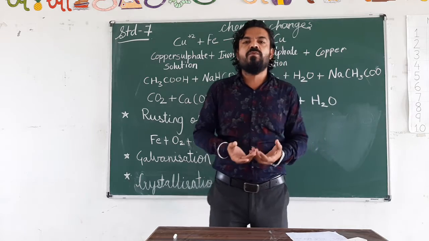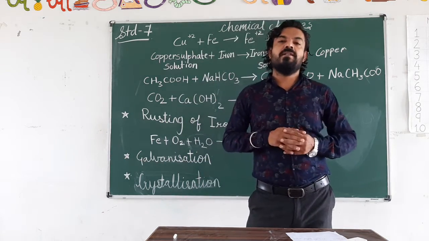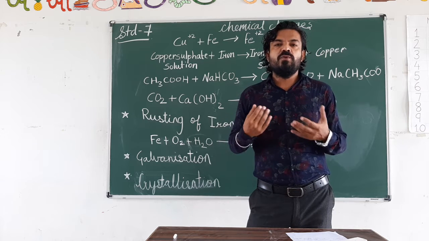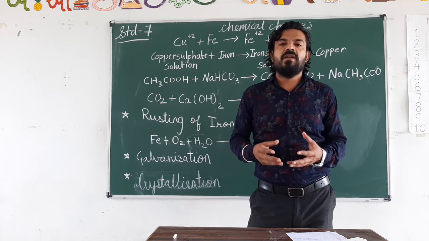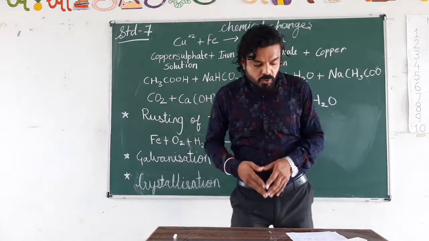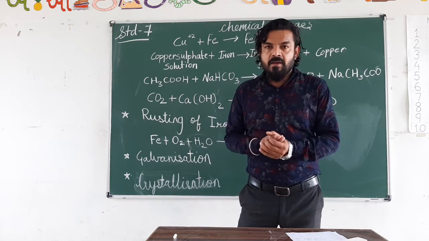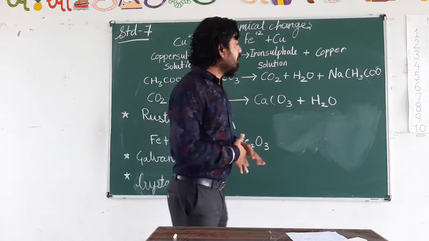When you want to crystallize some material, you have to do chemical changes. So you can use chemical reactions or chemical changes while you want to crystallize something. In your textbook it is given: dilute sulfuric acid plus copper sulfate powder.